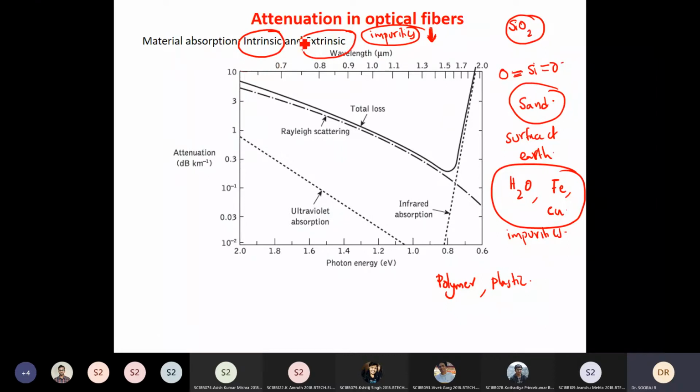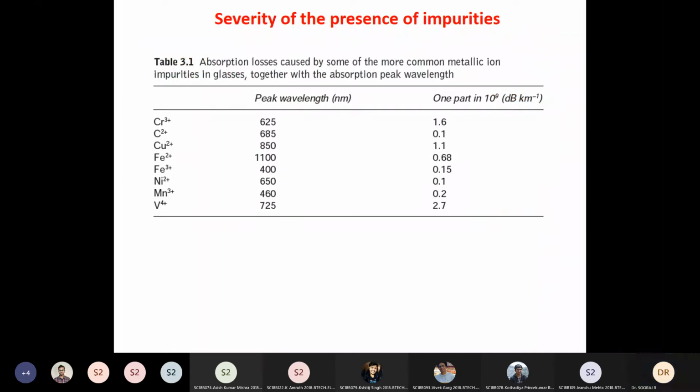The other cause of material absorption loss is the presence of extrinsic materials, which are called impurities. If you have metals present inside silica, the absorption loss is going to be very large.